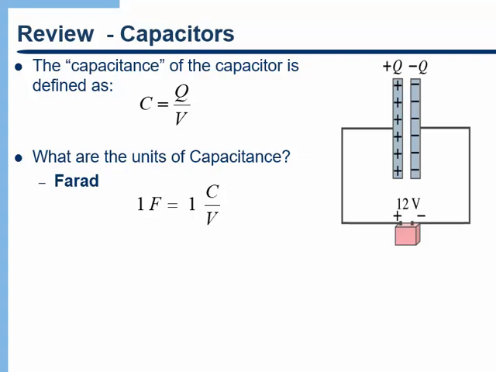The unit for capacitance is the farad, and as I mentioned in our last online class, that's a big amount of capacitance. So most of the capacitors you'll actually see in a circuit range in the picofarad to microfarad range. That's usually what you're going to see in most electronics.